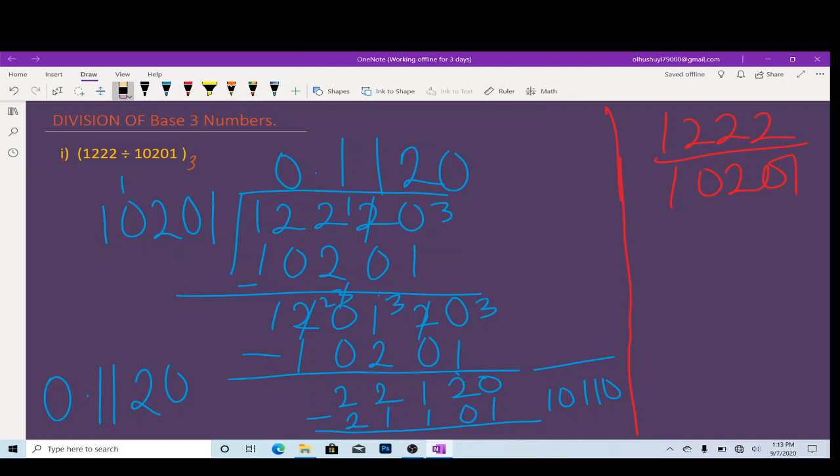Let's clear this place. You are working with this. So we are supposed to go to the other method. We add 53 upon 100, and that is 0.53.